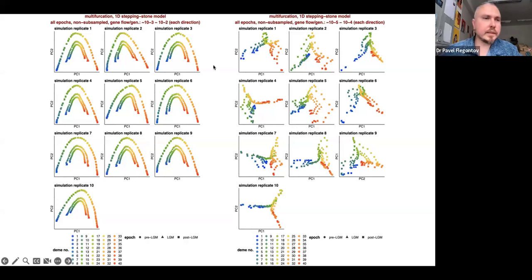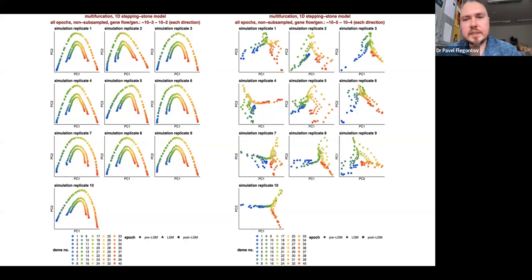But interesting things start happening when we increase the sparsity of the landscape. And by sparsity, I mean the intensity of gene flows between the points that we sample on the landscape.